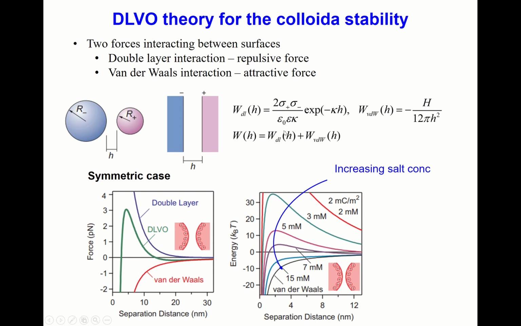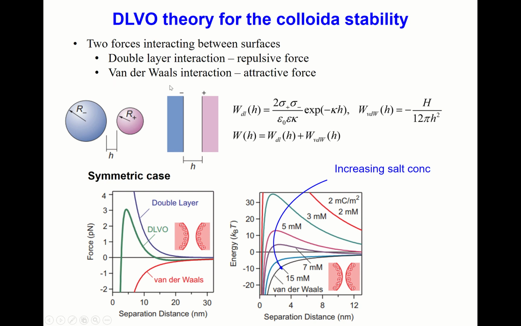And there is another force, an attractive force. That force is van der Waals interaction. In the general chemistry course, you heard about van der Waals interaction when dealing with gas. Van der Waals was a very famous physicist. He received the Nobel Prize for his work on force.